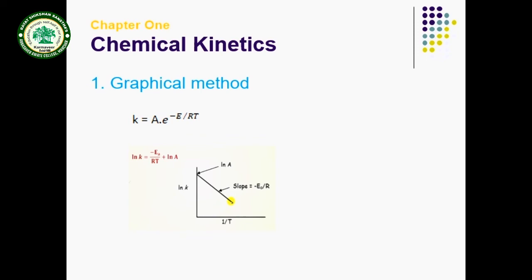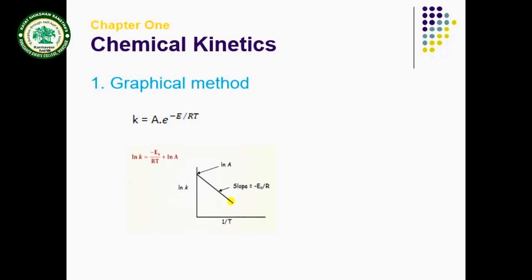So negative slope, and this negative number becomes negative, negative, positive, and you can obtain the value of energy of activation. The energy of activation means the minimum amount of energy that the reactant molecules must absorb before they could react, and it can be evaluated from this graphical method. It is one of the important methods.